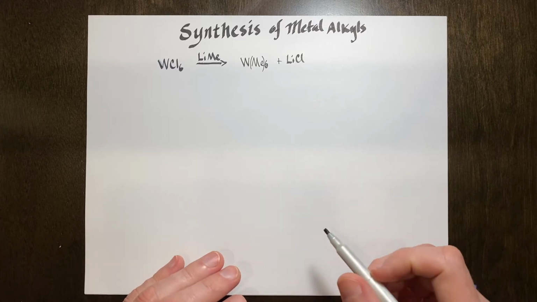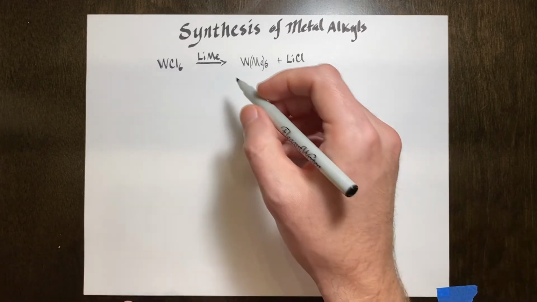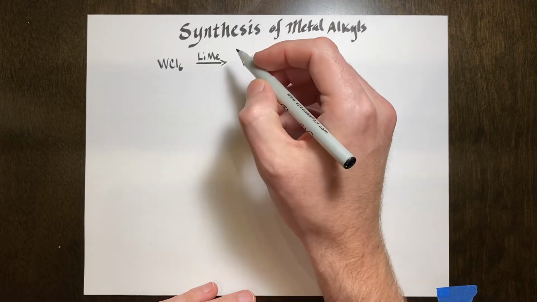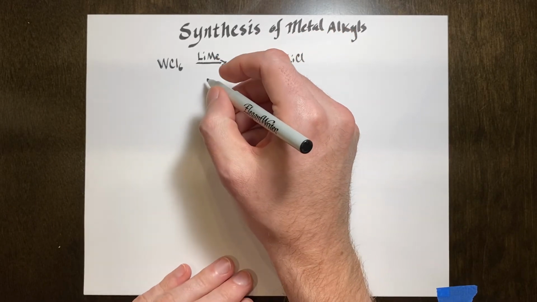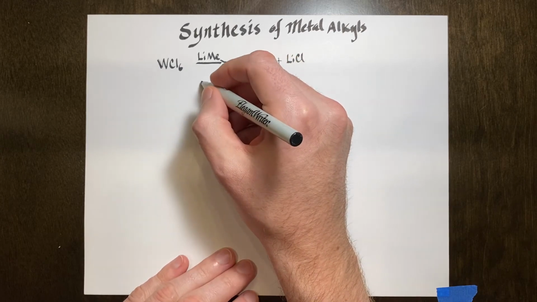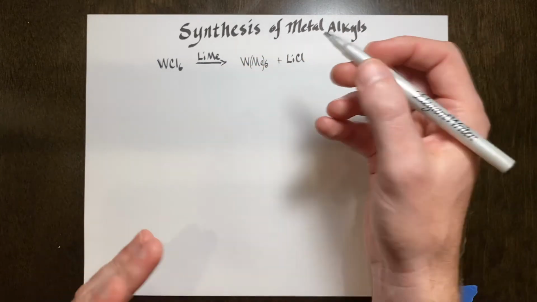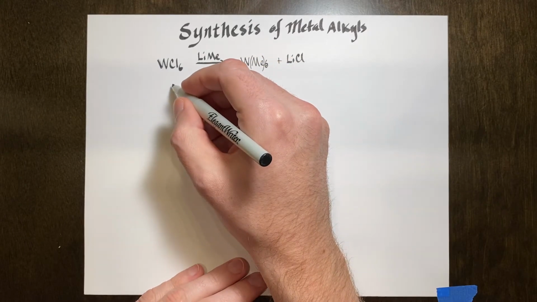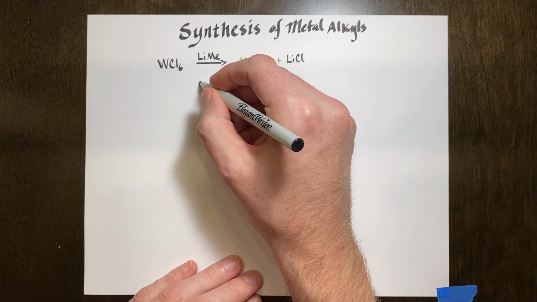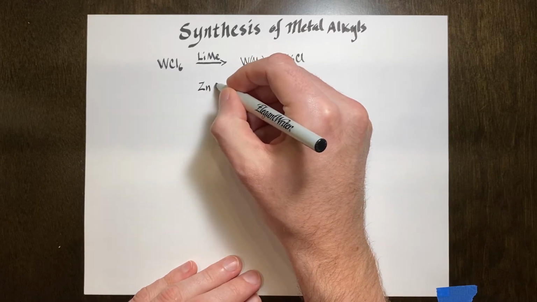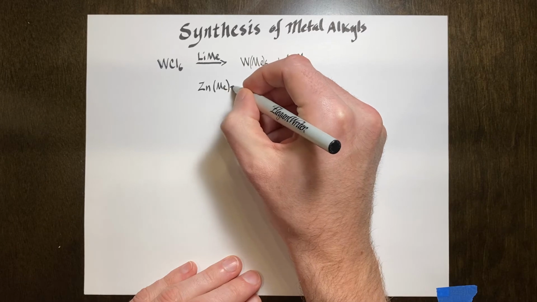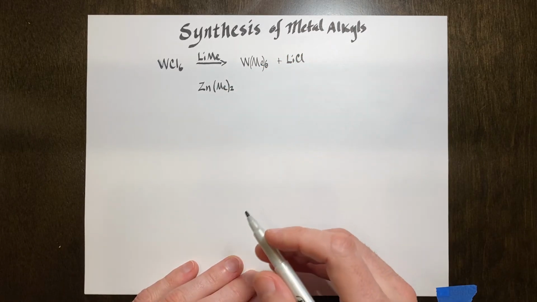So that's one way. And another good reagent to use for these is not just the lithium reagents, but you could also use organozinc reagents. So a very similar scheme would be starting with some other metal chloride and adding the organozinc reagent.